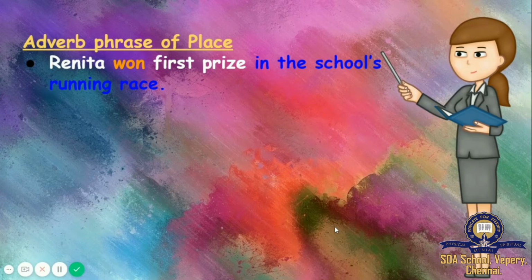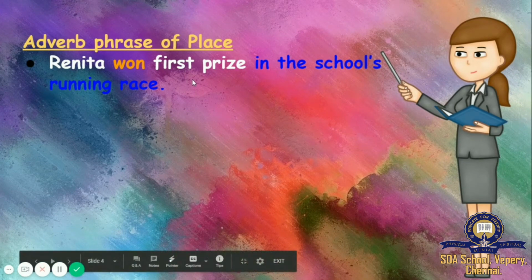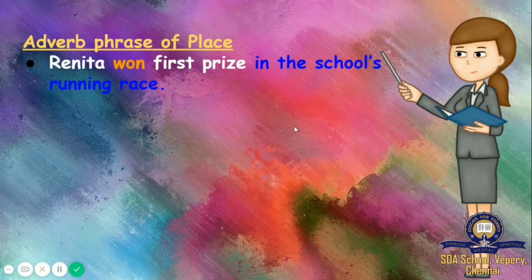Renita won first prize in the school's running race. So here in the school's running race is the adverb phrase that tells us more about the verb won. When the adverb phrase gives us more information about the place where the action happens, it is an adverb phrase of place.